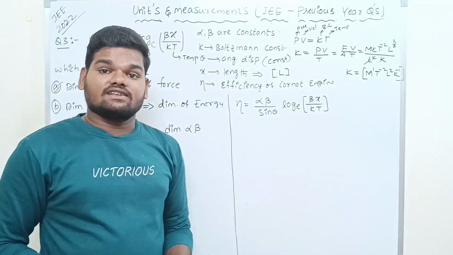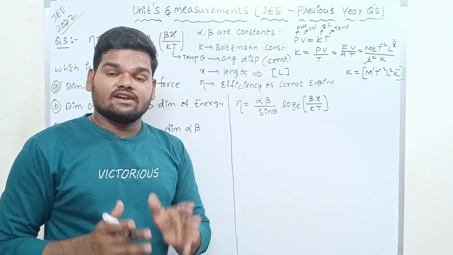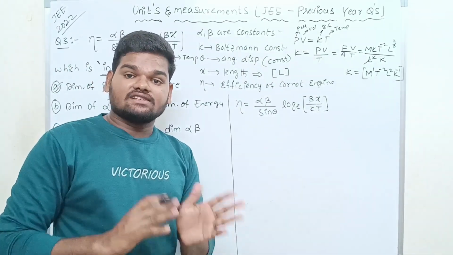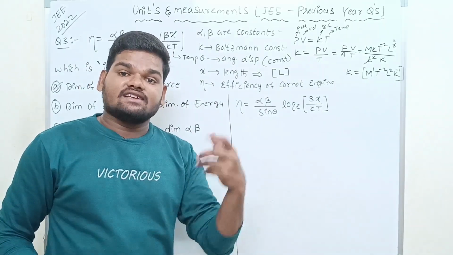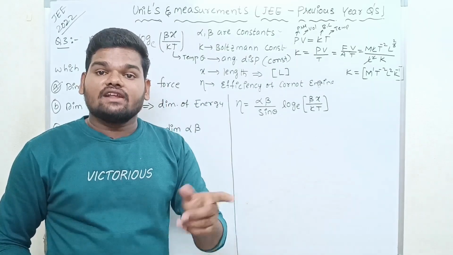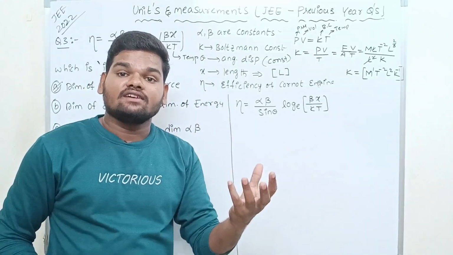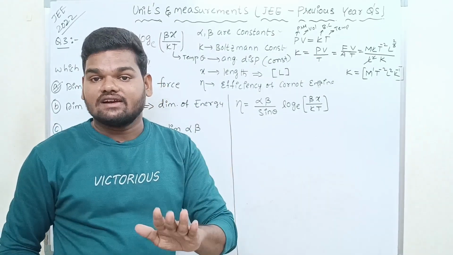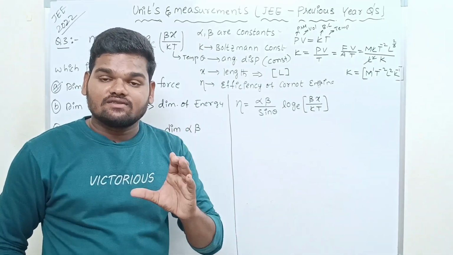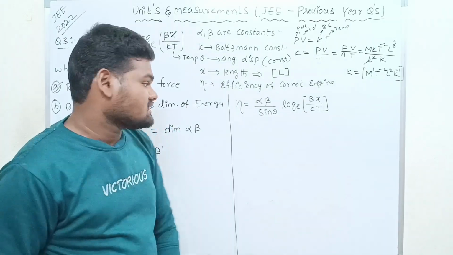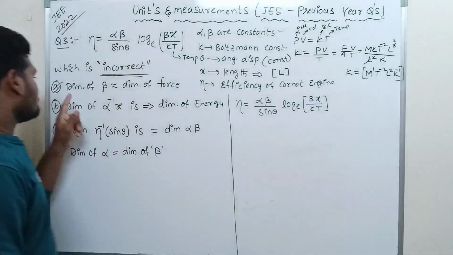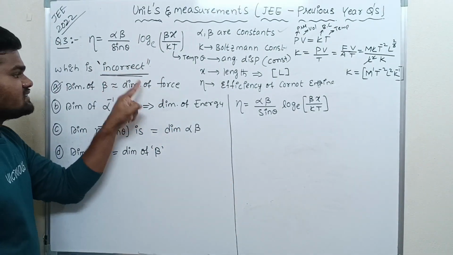In our third lecture, dimensional analysis, I told you that whenever physical quantities have the same powers, they can be added, subtracted or equated. Okay, so constants, sine theta, logarithmic and exponential terms do not have a dimensional formula. The dimensional formula is M power 0, L power 0, T power 0. So they have no dimensional formula. So let us check. What is our first option? Dimension of beta is equals to dimension of force.